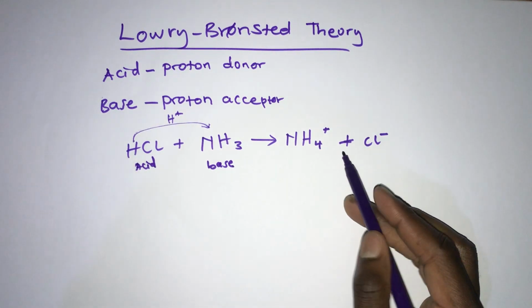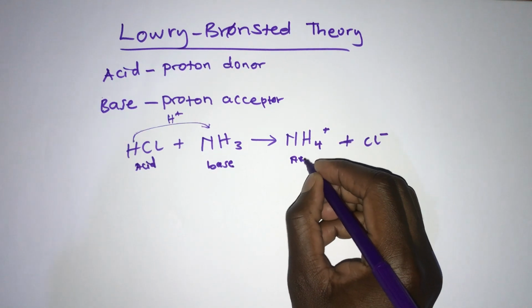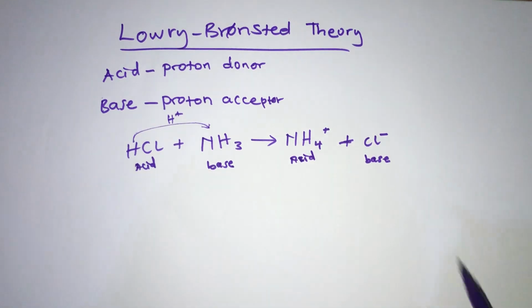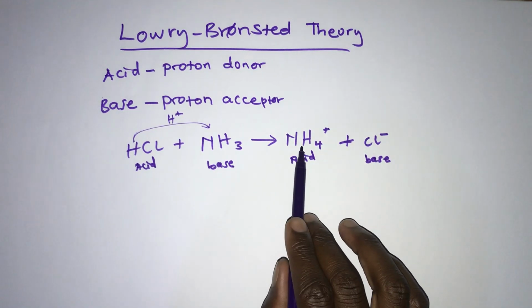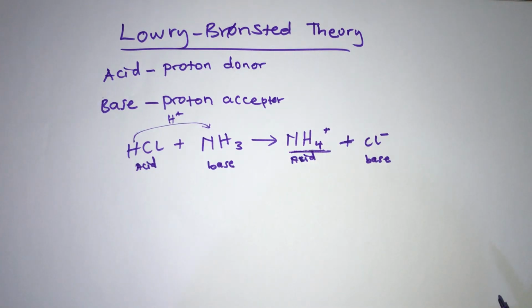So on this side we have a base here, an acid here, and then here we have a base. Ammonium is an acid. Ammonia is a base. So this side it was an acid, this side it became a base, just like that.